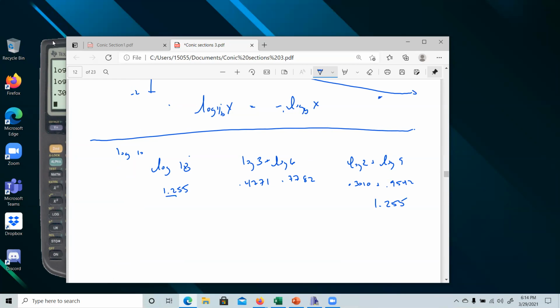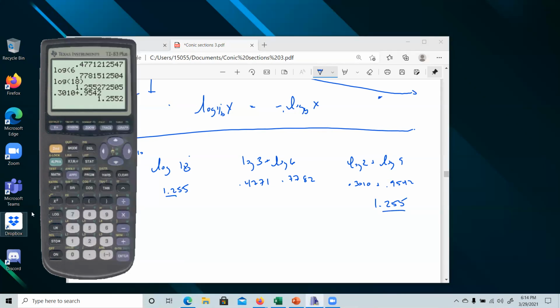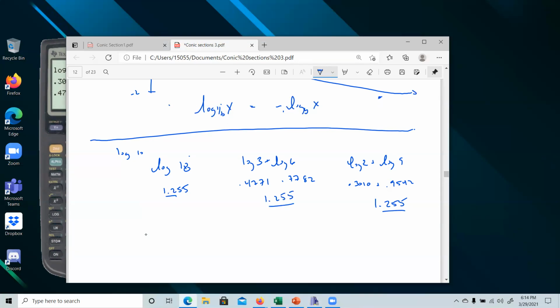Oh, that's an interesting coincidence. It's not a coincidence. 0.4771 plus 0.7782 is 1.25. Hey, wait a minute. These are all the same.